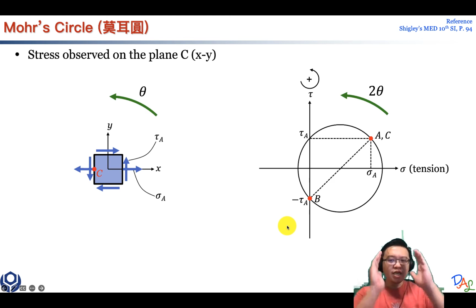The next idea is that whenever you make a rotation inside this force diagram, you are rotating in this Mohr circle by double the angle. Earlier I moved from A to B. If I move from B to C, you can see the load condition right here is exactly the same as A. That's why I'm moving back to this A point, so C and A share the same point.